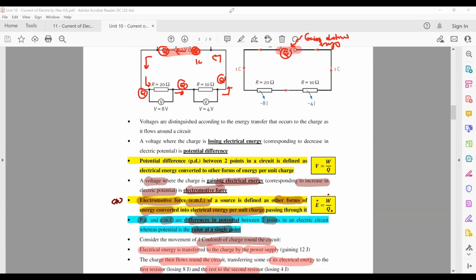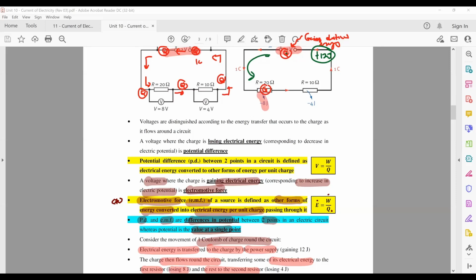In the example circuit, when it was at the battery, it gained 12 joules of electrical energy. As it moved through the circuit, it encountered the first resistor, and from here it starts to lose some of its electrical energy, minus 8 joules.